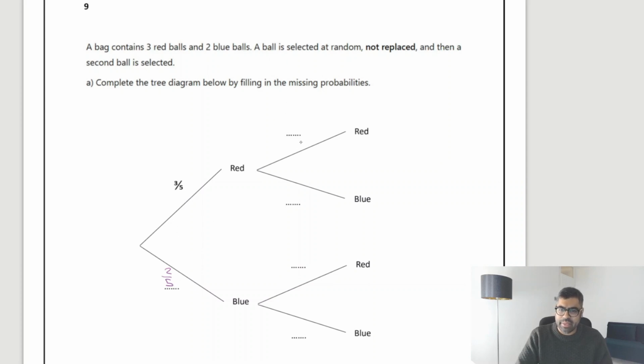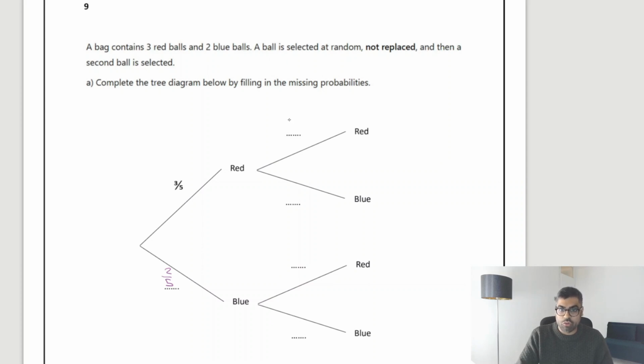Now for our second pick, this is where it gets a little bit more interesting. We know a ball is not replaced, so we no longer have 5 balls, we now have 4 balls. We have 4 balls to choose from. What's the probability that we pick a red when we've already picked a red from the first one? So from our first pick, we picked a red. That means we no longer have 3 red balls.